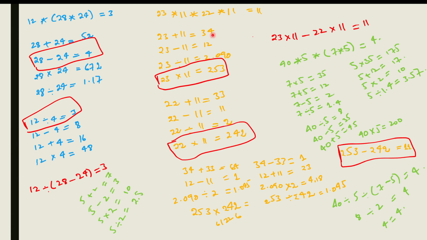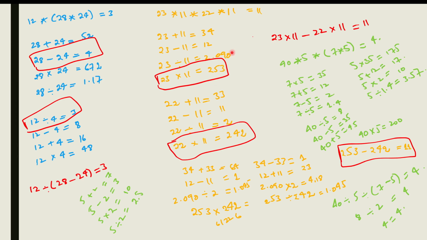If we select this one, 12 minus 11, 12 minus 2, 12 minus 242. Or let's say this is a decimal, so we're not going to consider this one. Here we have 253, so 253 minus 33, 253 minus 11, 253 minus 2, 253 minus 242. We check what result we get for all of them, and based on that we select our operation.